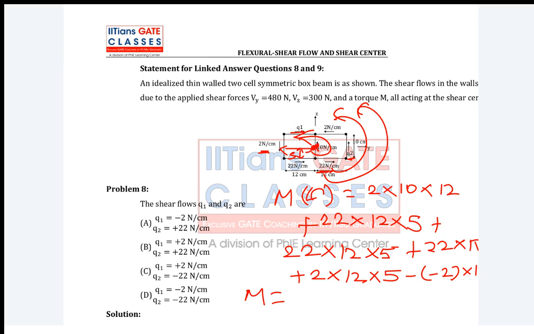In this understanding the direction, you can see all the torque are giving me anti-clockwise, all the shear flow producing anti-clockwise torque. Means the torque in x direction.